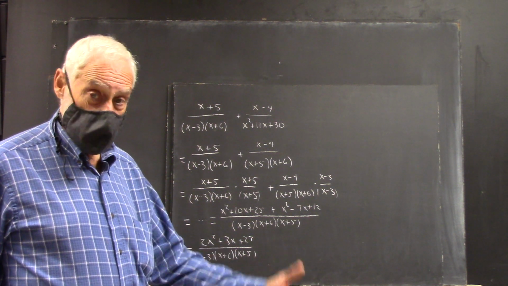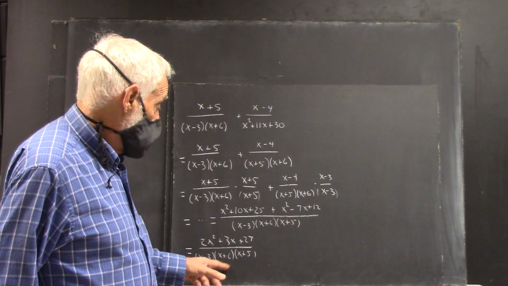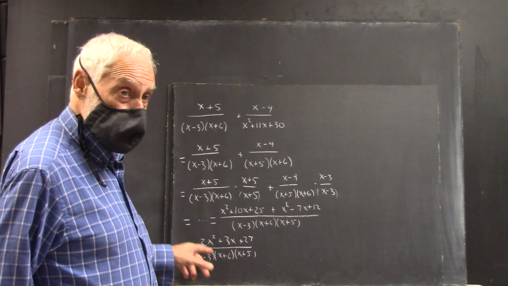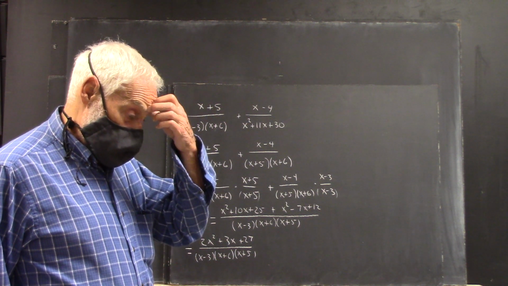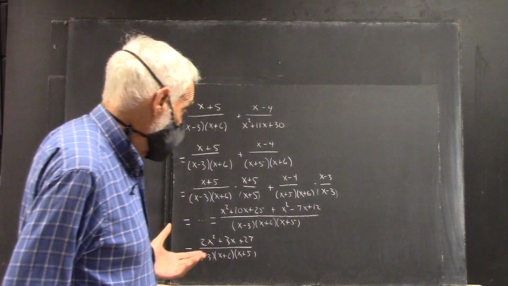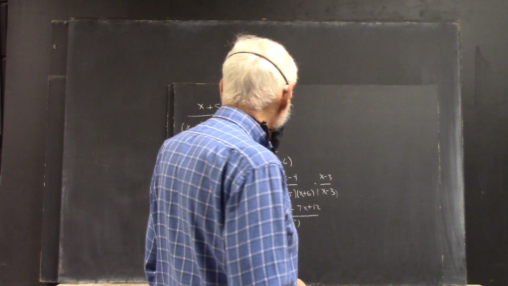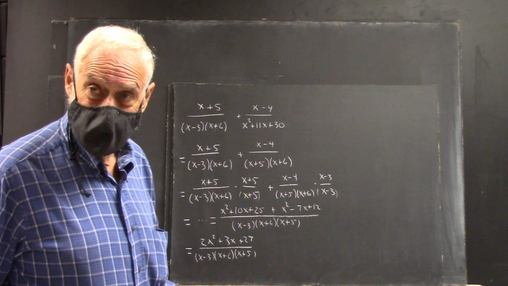I don't expect everybody to be able to do it in their head. You try all possibilities for factoring this, and you can eliminate them all. There's a shortcut using the discriminant and the quadratic formula, but I'm not going to talk about that.